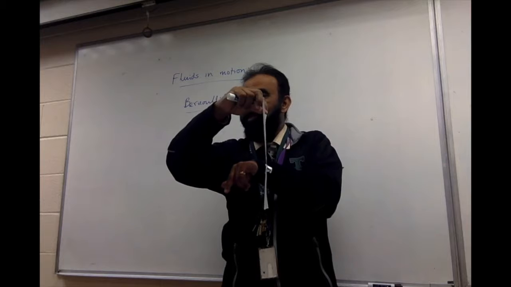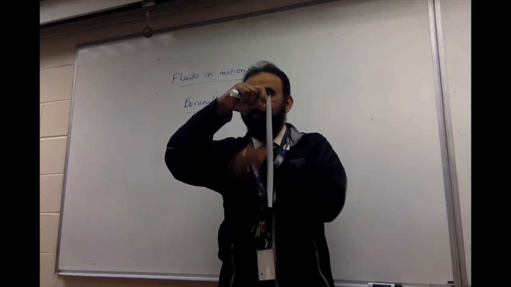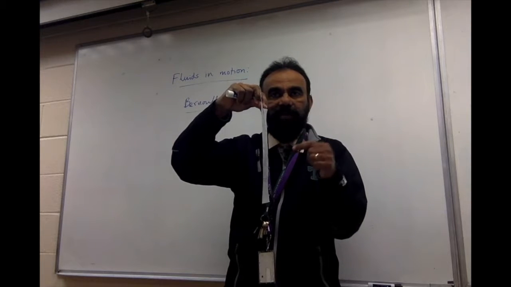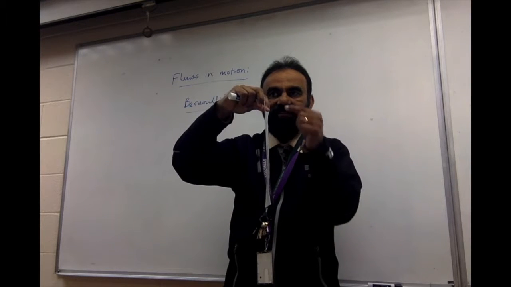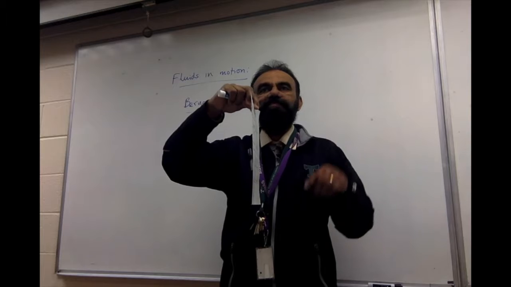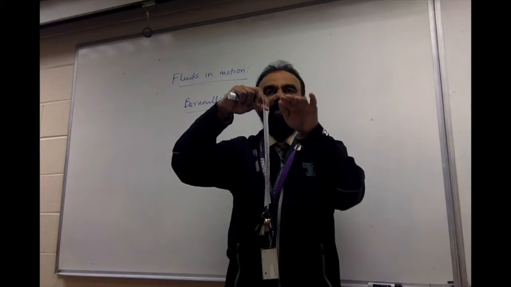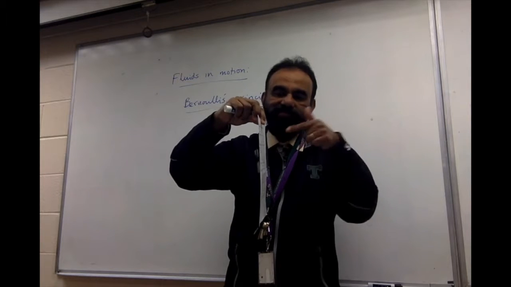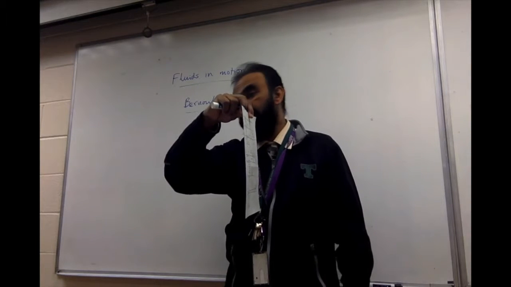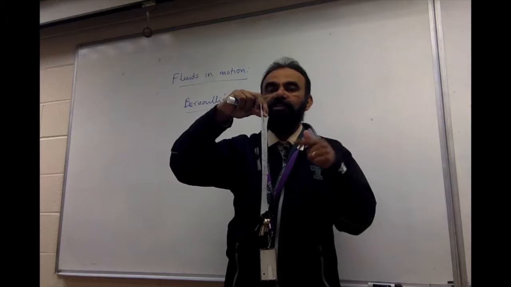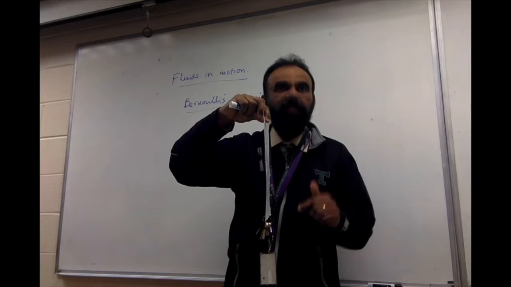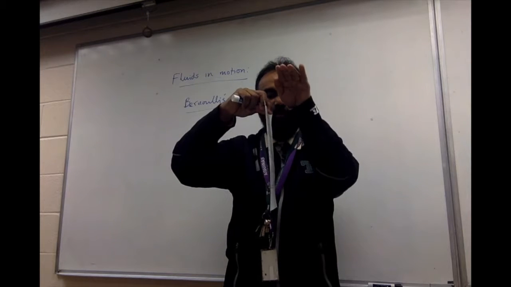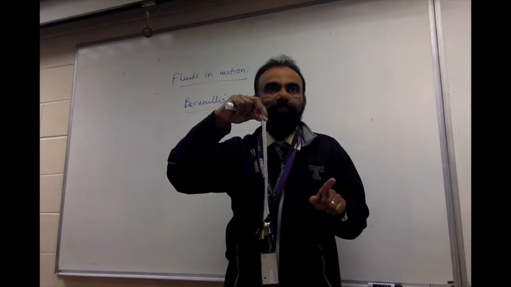But the same pound force is acting on this side too, right? That's because atoms are hitting this continuously. What if I just move my hand so quickly here so that the atoms won't hit as fast on this side compared to the other side? The pressure here will drop. In other words, wherever the fluid moves fast like this, when I moved my hand, the paper was moving to this side.